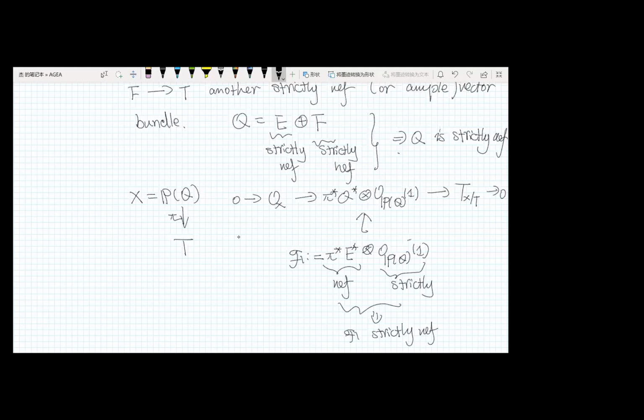So you consider the composition of this map, sigma. You can say that sigma is an injective morphism of sheaves.